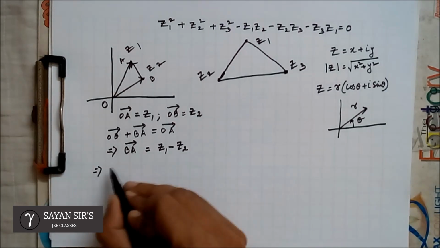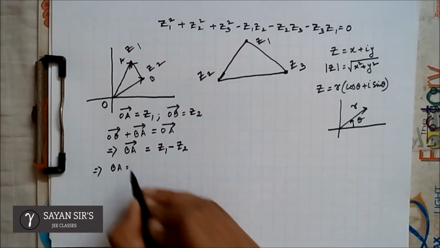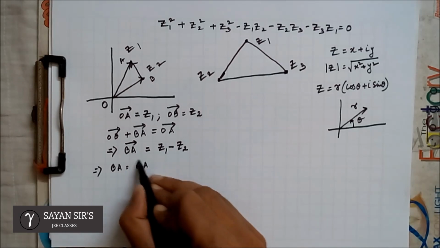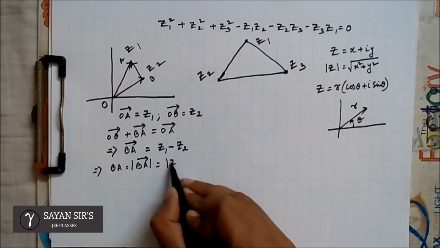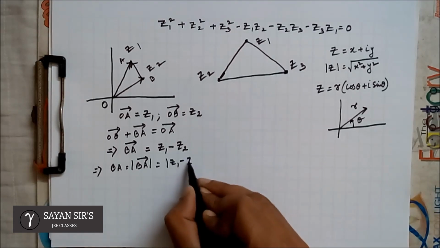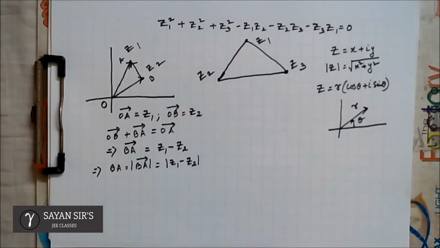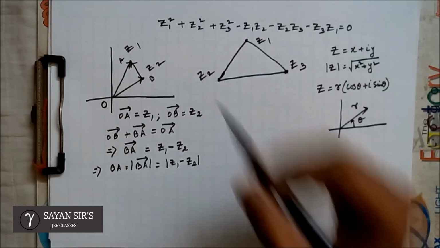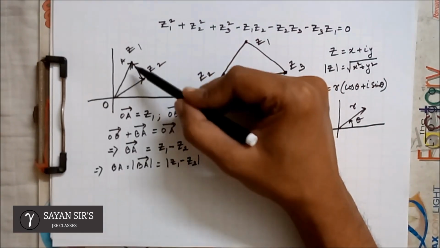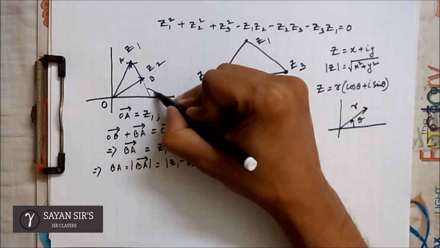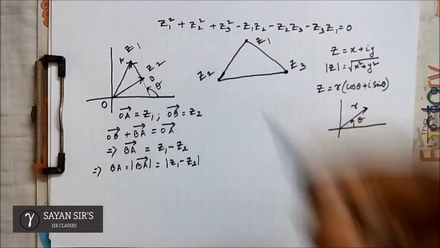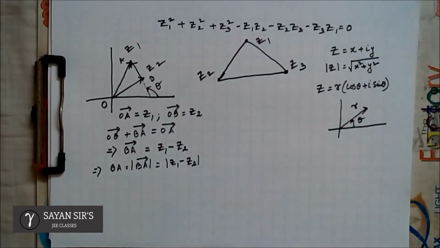Hence the length BA, which is also the magnitude of the vector BA, can be represented by the magnitude of the complex number z1 minus z2. Similarly, the angle the vector BA will make with the x-axis, let this be that angle theta, can be represented by the argument of the complex number z1 minus z2.